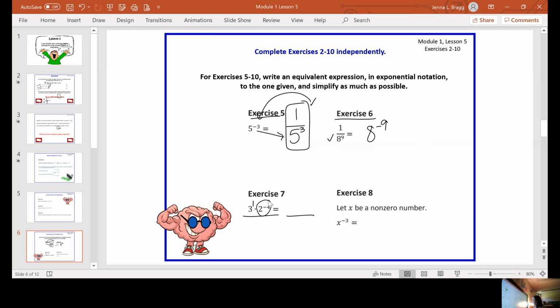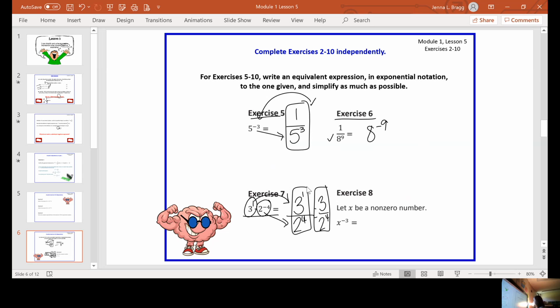I transfer what's negative to my denominator. What's positive will now go in my numerator. Now you don't have to leave that as 3 to the 1st. 3 to the 1st is the same as 3 over 2 to the 4th. So either one of these answers would work.